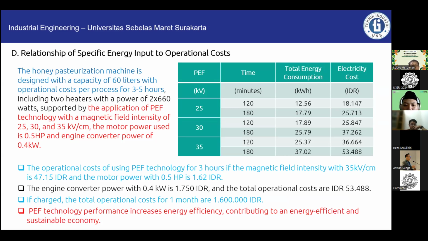The engine converter power with 0.4 kilowatt is 1.750 IDR, and total operation costs are 53.488 IDR. PEF technology performance increases energy efficiency, contributing to energy efficiency and a sustainable economy.